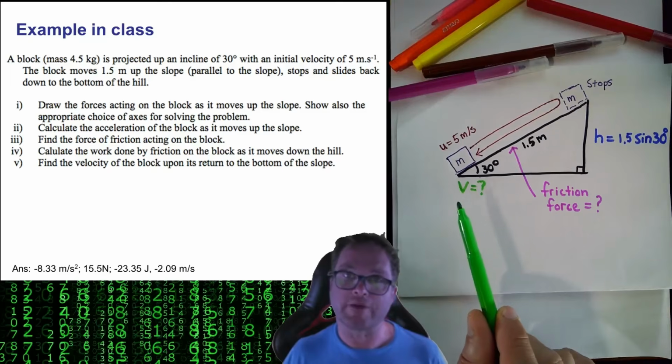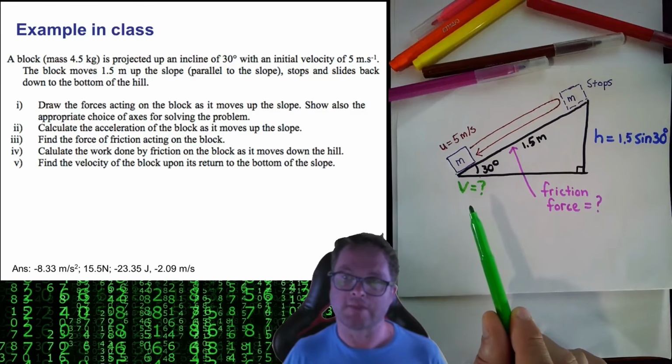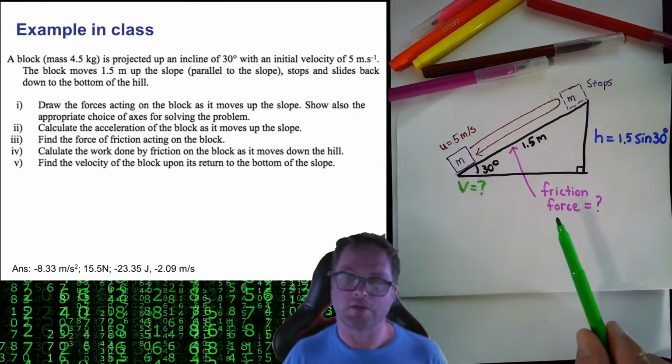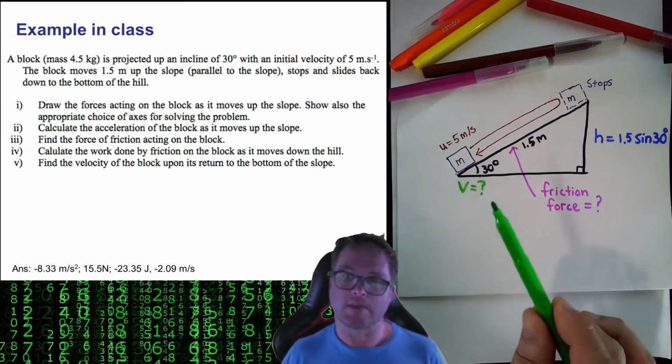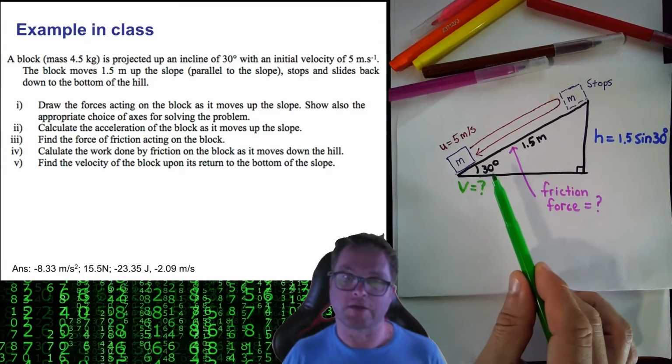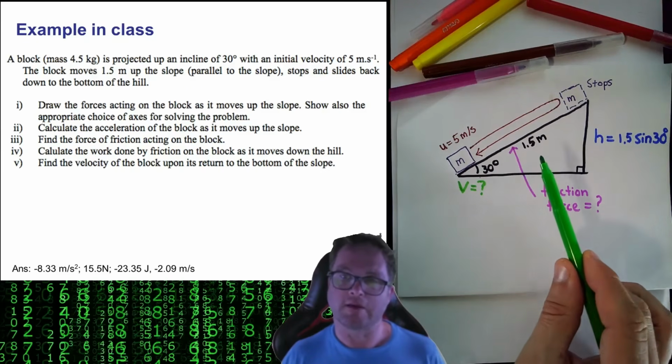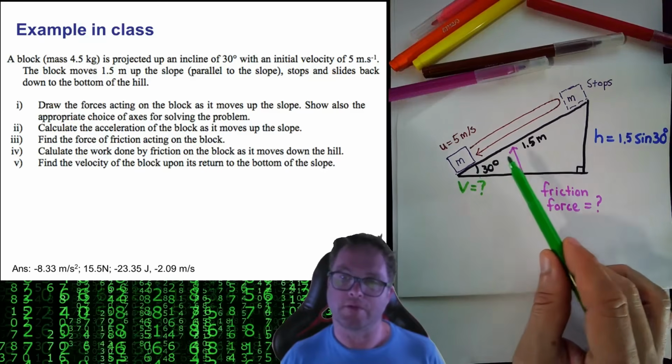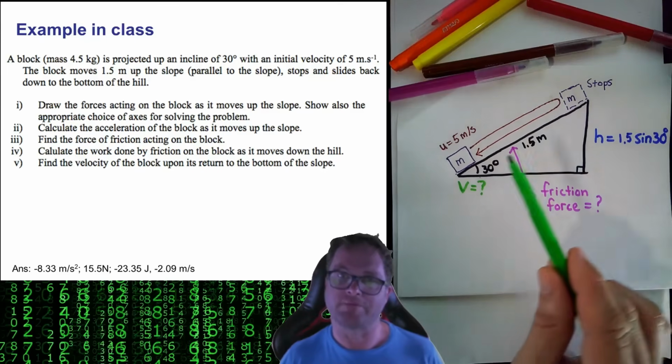And we're asked to in fact calculate this velocity, and we're also asked to calculate the friction force. We're given the angle is 30 degrees, and we're given the length of the slope is 1.5 meters.